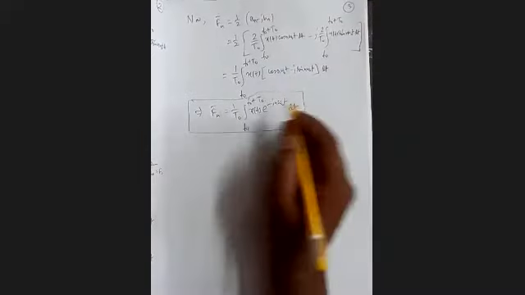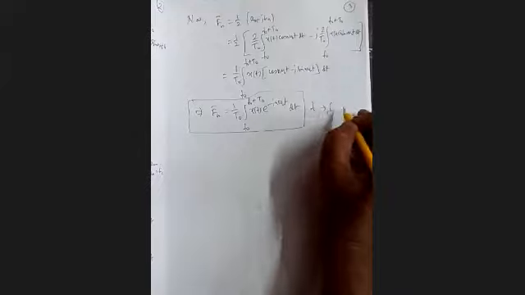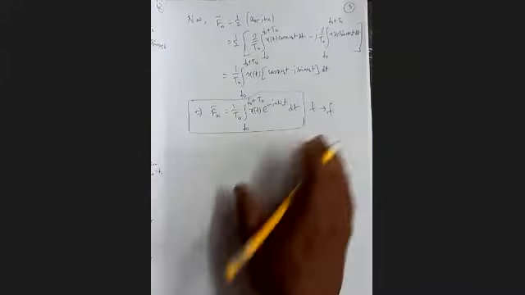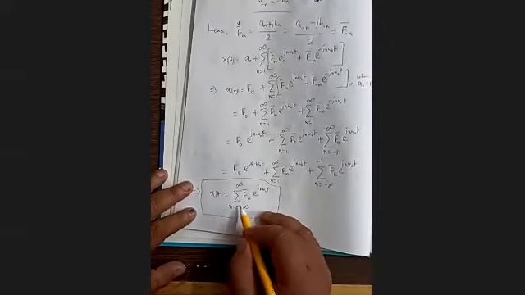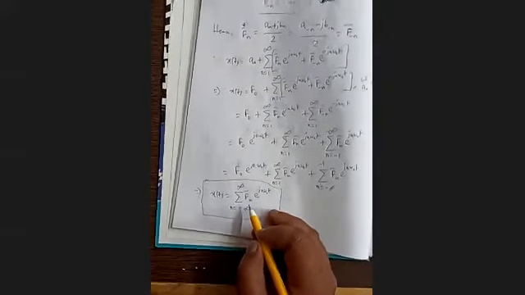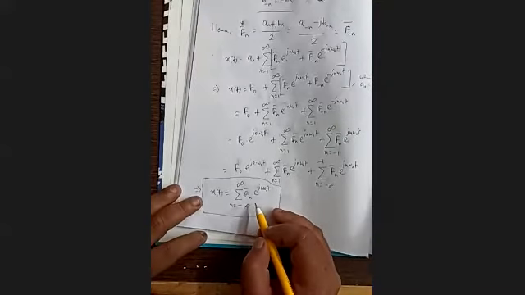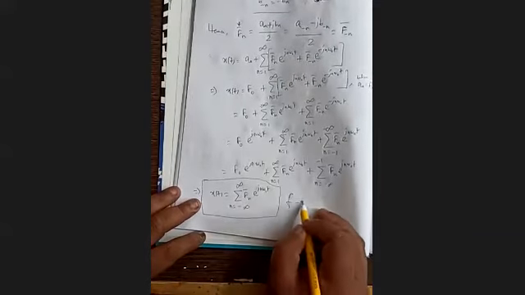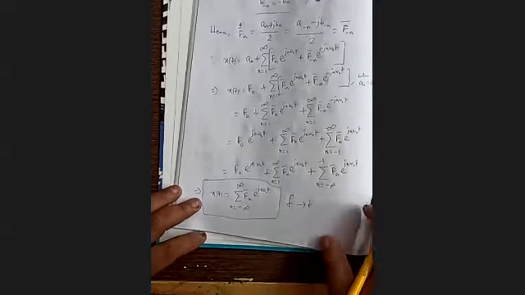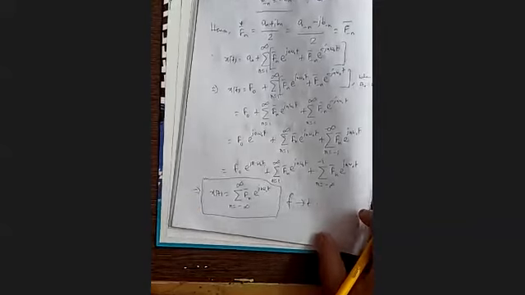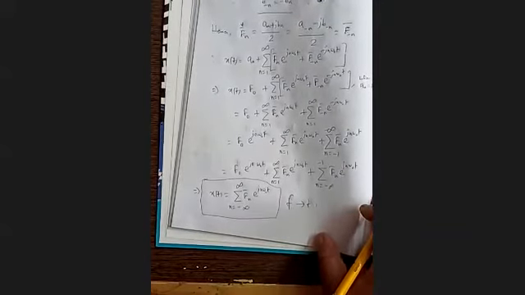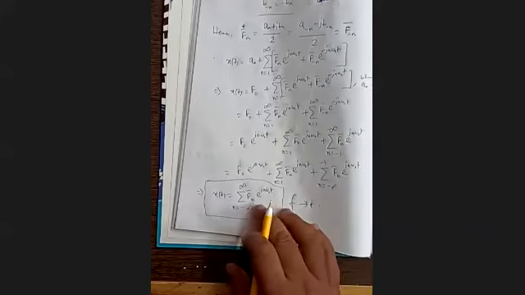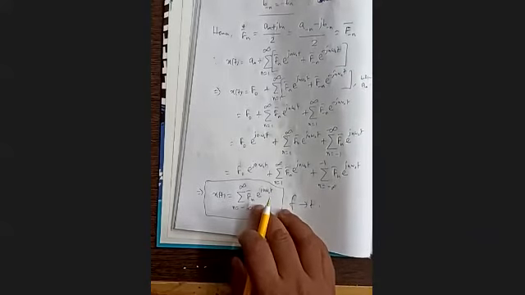It will be a function of n only. So it is time to frequency conversion. And once we know the frequency domain coefficient Fn bar, by evaluating that summation we can get x(t). So it is frequency to time conversion. Clear? Another thing you see is that our Fn bar is a function of the integer variable n varying from minus infinity to plus infinity.